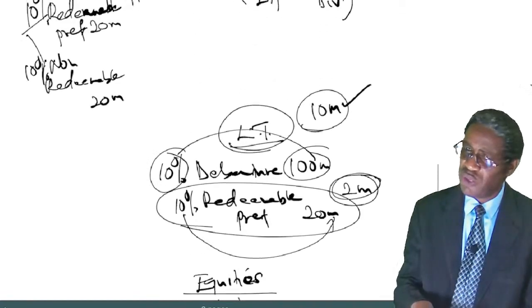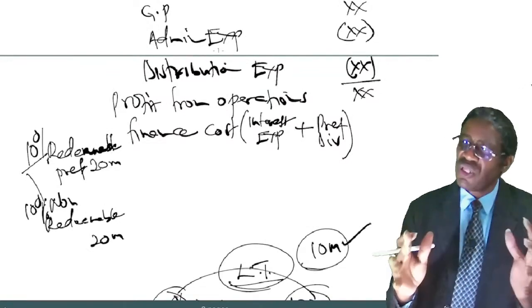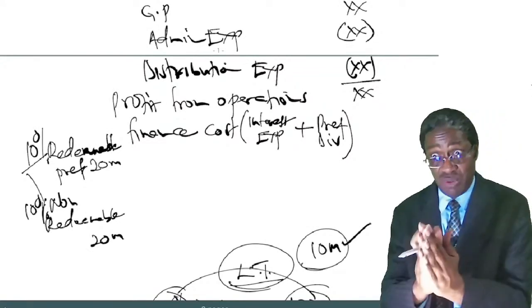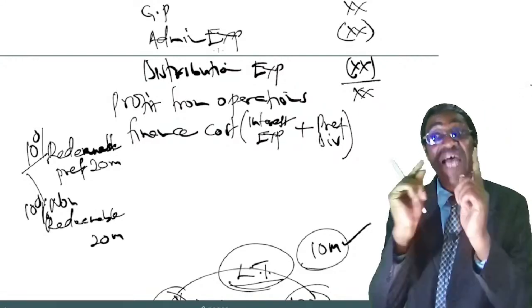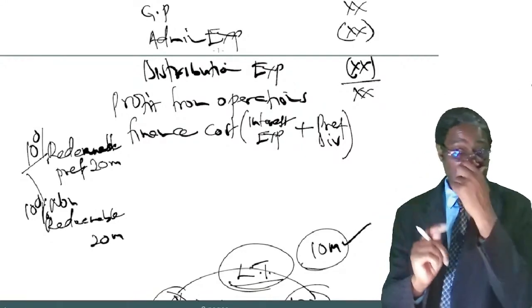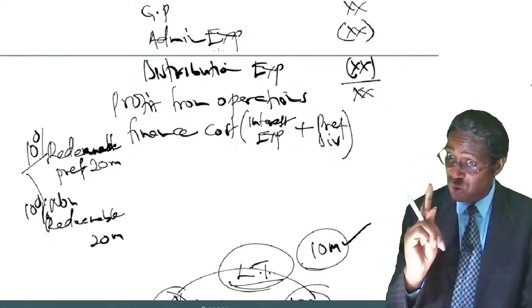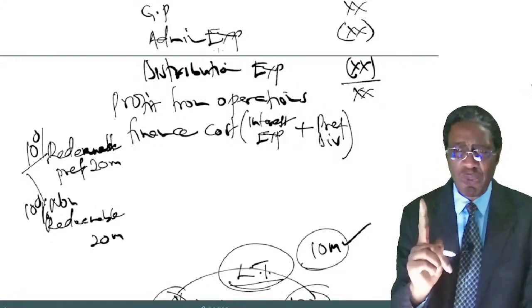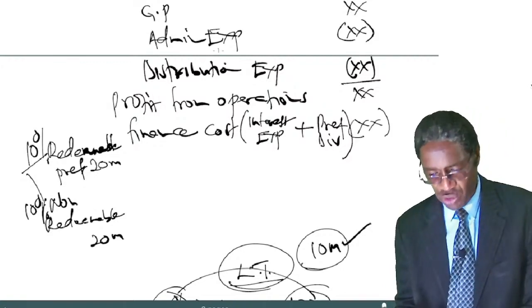Some of your past papers come with trial balances where the preference share is redeemable. Some questions come where preference share is non-redeemable. I've told you, if it's redeemable, then the dividend on the redeemable preference share should be considered as a finance cost.